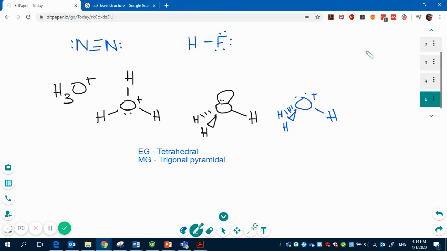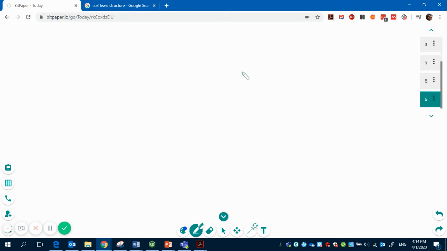All right, next coming is NH2F. NH2F is going to be the same as ammonia, same as NH3. So the Lewis diagram is going to look like this.